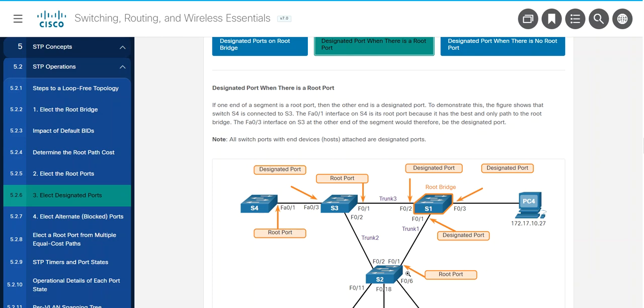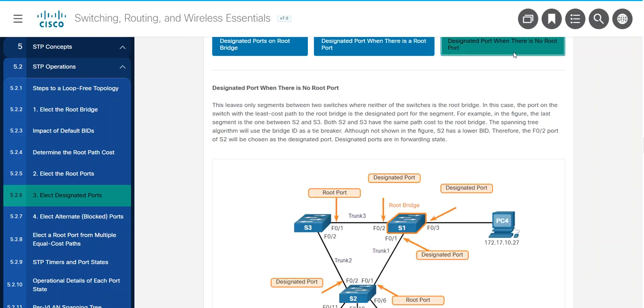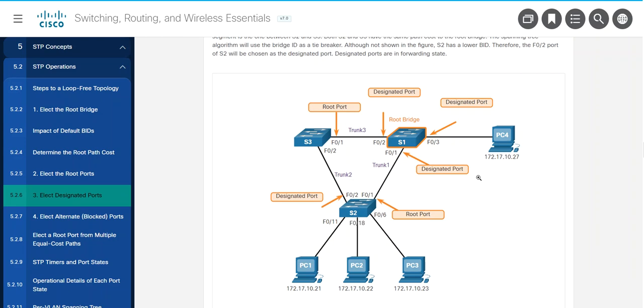In this link between S2 and S1, this will always be designated because it's on the root bridge, so the other one would be listed as a root port going from S2 to S1. Now, you figured out all the others, but we said this is a root port, so then that means this would be a designated port here.